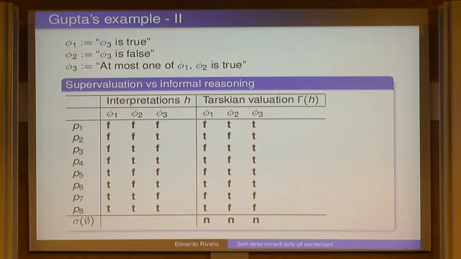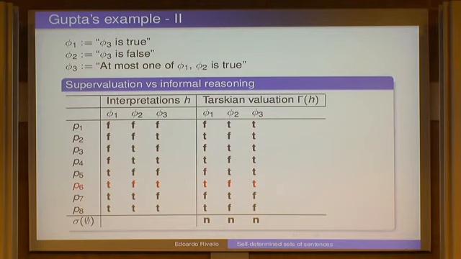For instance, for the first row, we assume that all three sentences are false. Then, since phi1 says that phi3 is true and phi3 by hypothesis is false, phi1 also is false; phi2 is the negation of phi1 and so is true; and phi3 is true since phi1 is false. And the same for all other hypotheses.